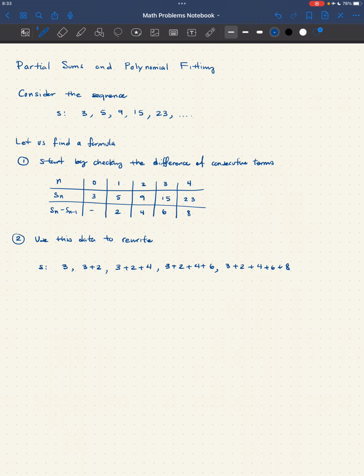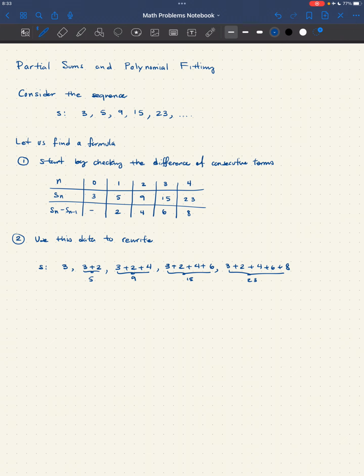Then we see, look, this is my 5, this is 9, this is 15, and this is 23. It's just another way of writing them.